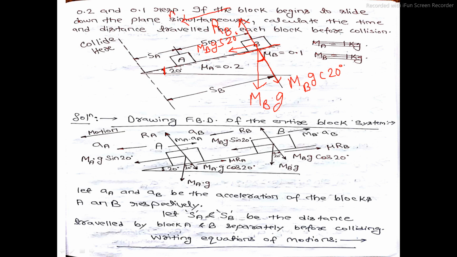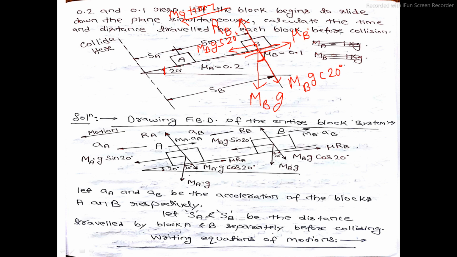So this is the direction of motion for block B, correct? So if block B is moving down the inclined plane, frictional force at the contacting point will act up the inclined plane and its magnitude will be mu B.